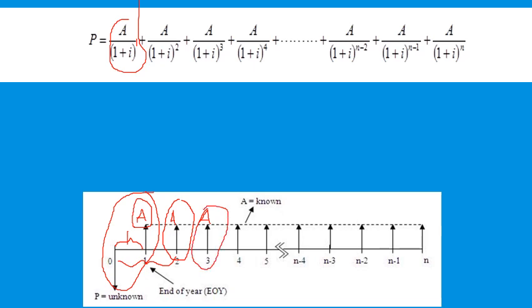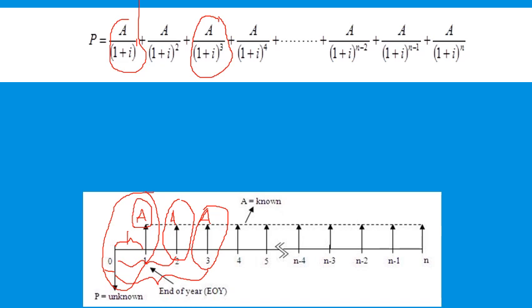We are paying that after 3 years from t equal to 0. Treat this also as a future sum paid after 3 years. As a result, its P is equal to A divided by 1 plus I to the power of 3.